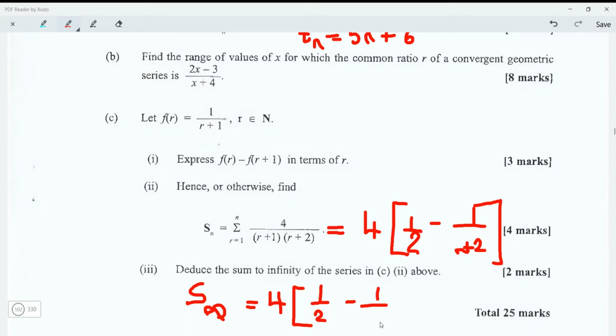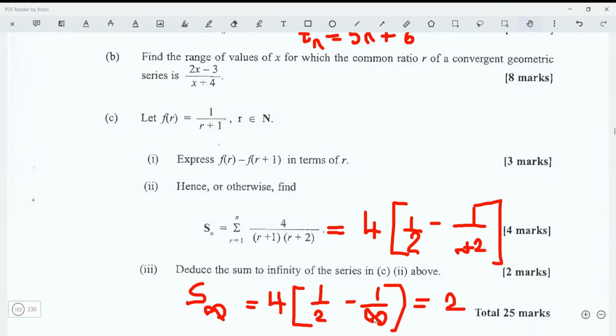So since this is 0, we get 4 times a half, which is 2. So that's the sum to infinity, because 1 over infinity is 0. All right, cool with this question.